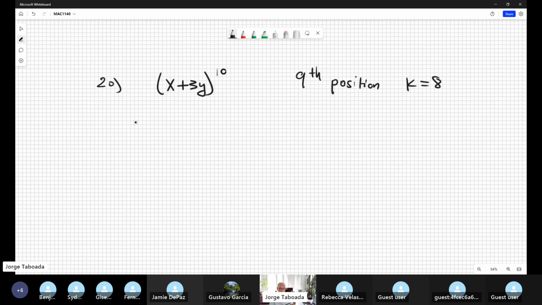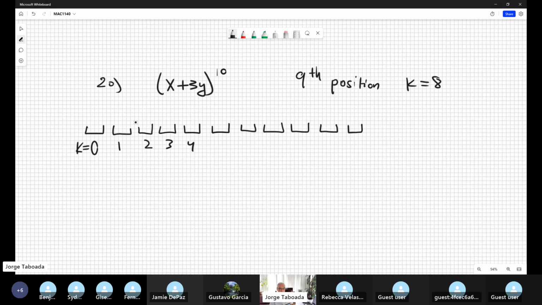Because the summation in the Newton formula starts at 0. So when you expand this, we have 11 terms. 1, 2, 3, 4, 5, 6, 7, 8, 9, 10, and 11, because we start at K equal 0. 1, 2, 3, 4, 5, 6, 7, 8, 9. I want this guy.